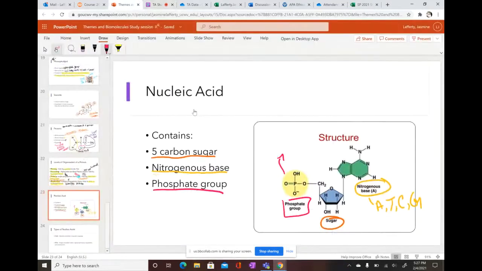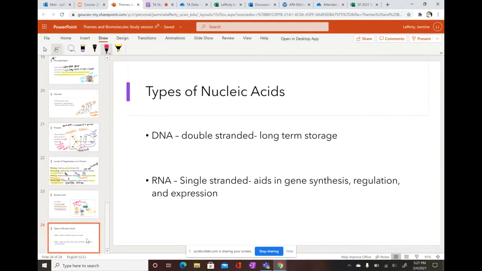A phospholipid, right? So phospholipids also have it. Okay? All right, now, there are 2 major types of nucleic acid.